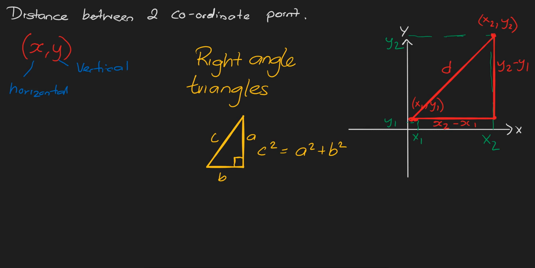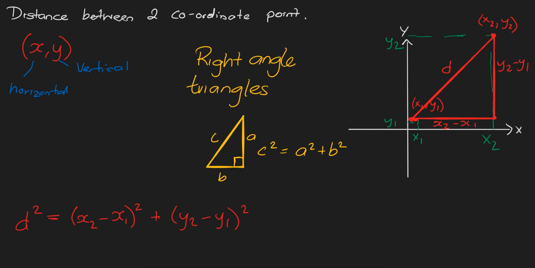First things first, I'll write my c squared as d squared. Then I'll start with the b first, in terms of the x's. So we'll have x2 minus x1 squared, plus y2 minus y1 squared. Beautiful, we've got some kind of formula coming up.